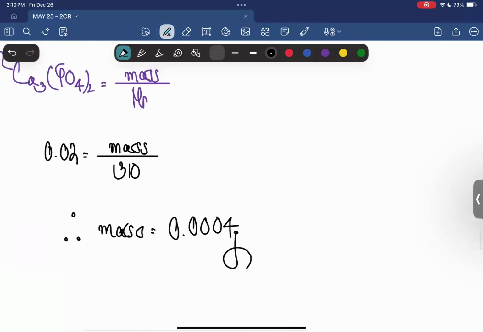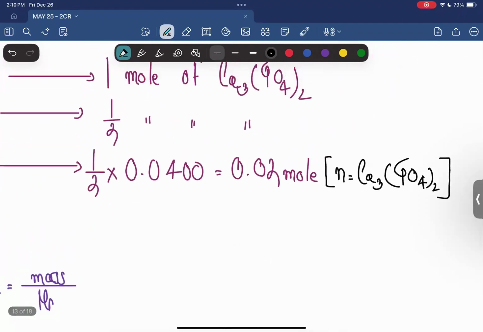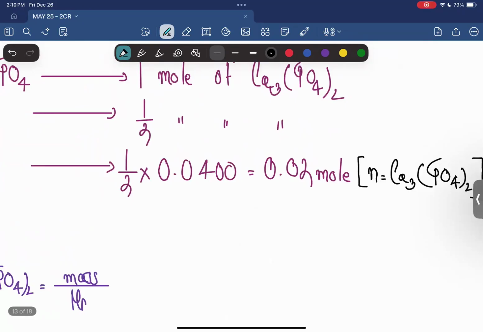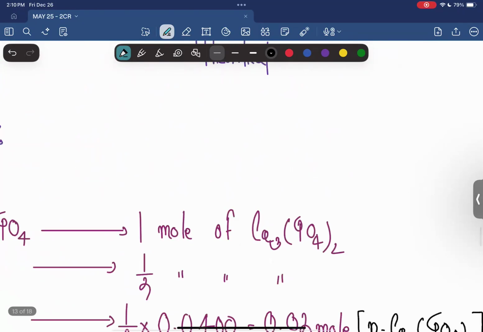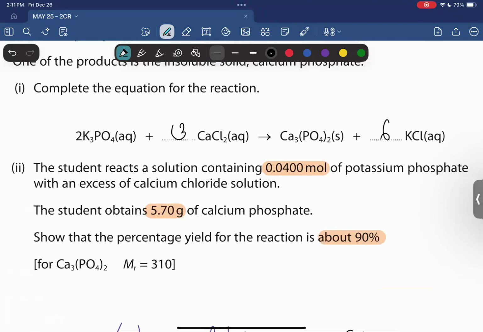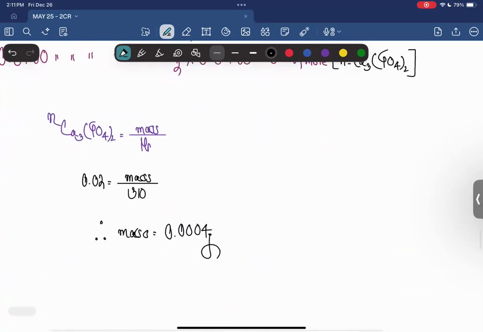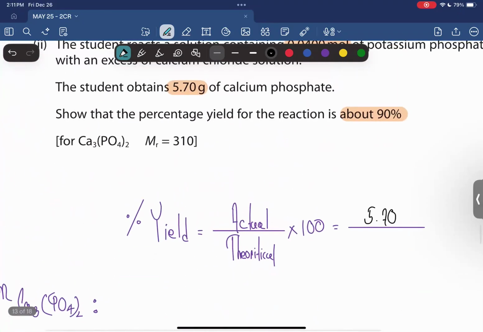Just a second, did I make any mistake? Just a second. This is 0.02, okay?